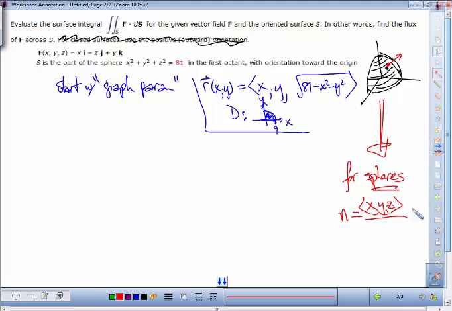And to make sure that this is a unit normal, we just divide by its magnitude. In this case, the sphere is radius 9, so we're going to divide by 9. But for now, let's just put the square root of x squared plus y squared plus z squared.